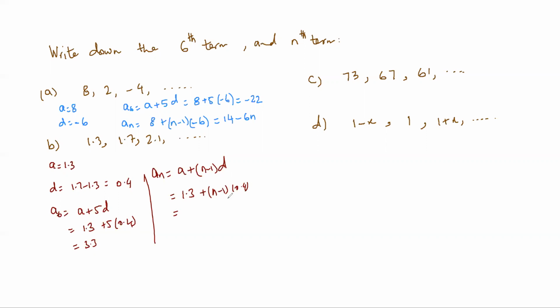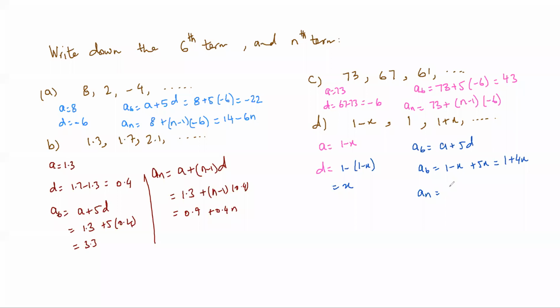You can leave it like this, or otherwise you can write it as 0.9 plus 0.4n. Okay? That would be the nth term. Now please do the C and D parts.